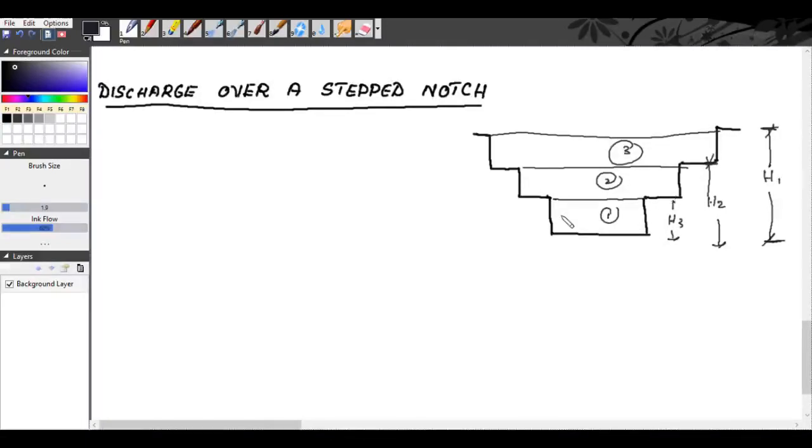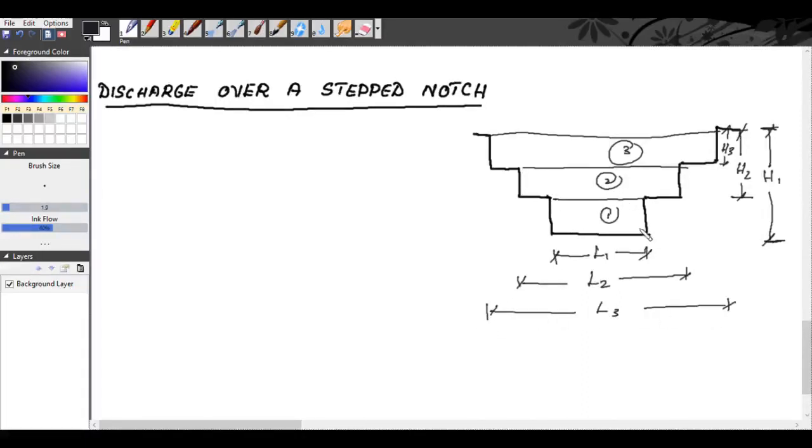Now the lengths are taken as L1, L2 and L3.